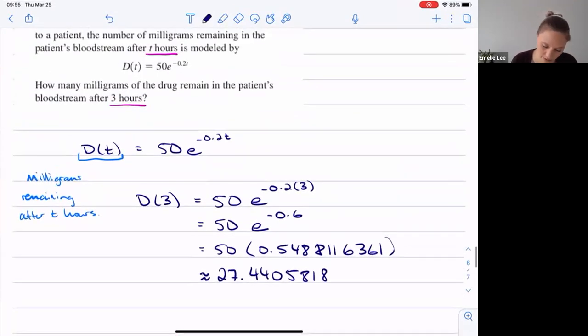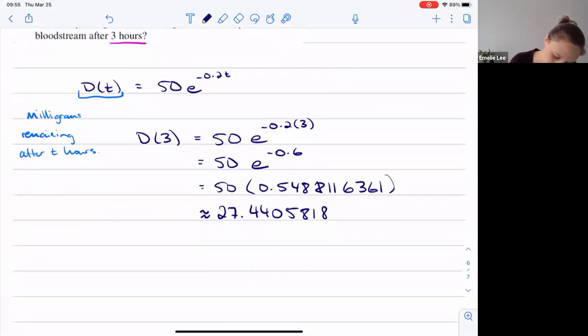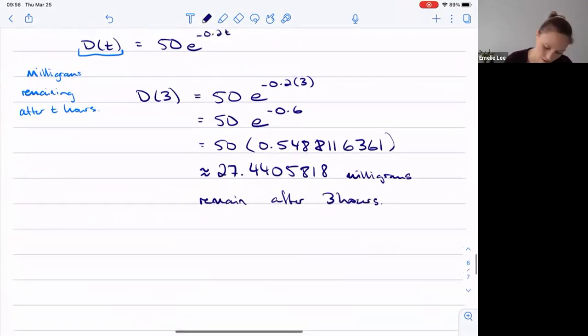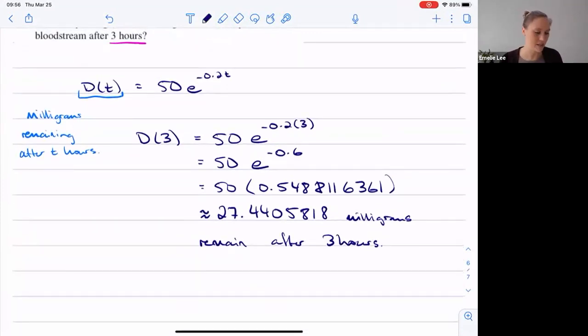Well, after 3 hours, we would have 27.44 milligrams left in the patient's bloodstream. Milligrams remain after 3 hours. So not bad, right?